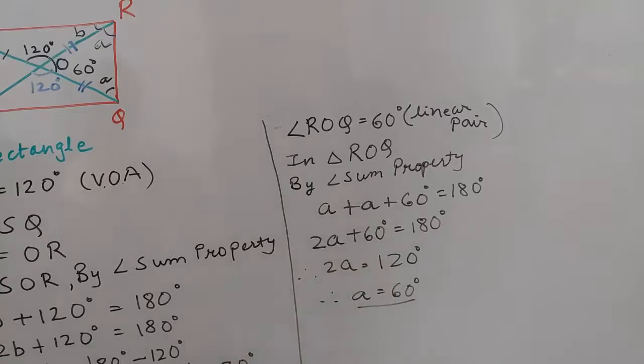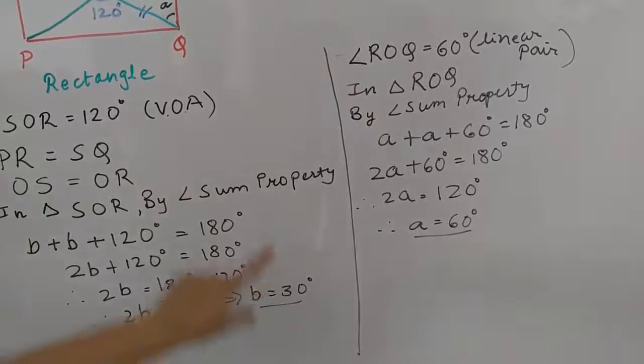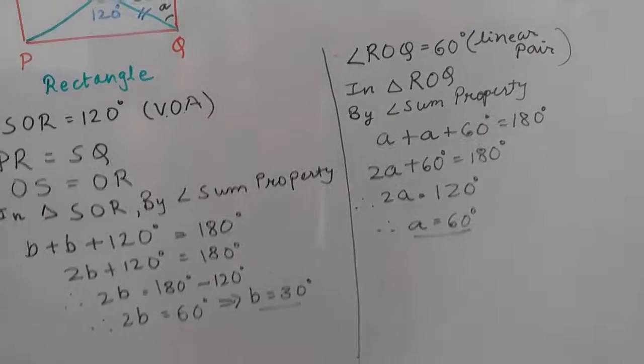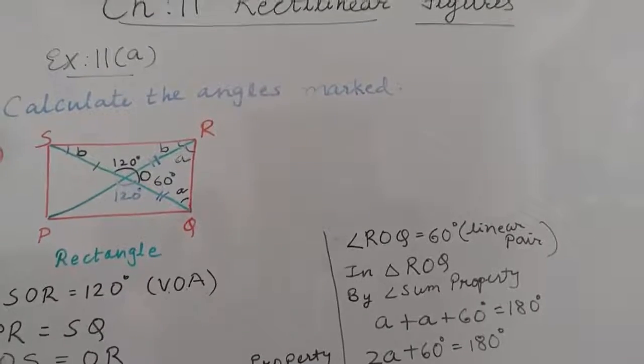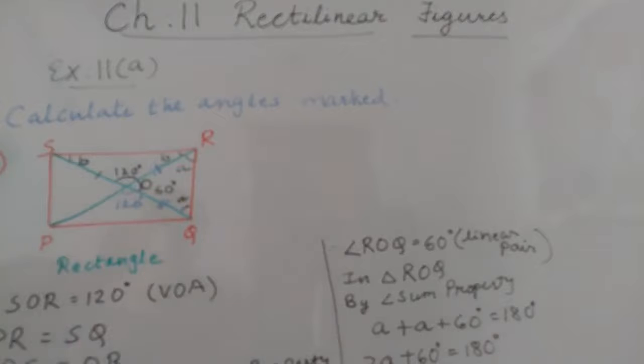Or in another way, I will show you students how you can find this A. First of all, you have to see here B is found as 30 degrees, and in the figure you can see that this B plus A is forming 90 degrees, no? Because in a rectangle all angles are 90 degrees.